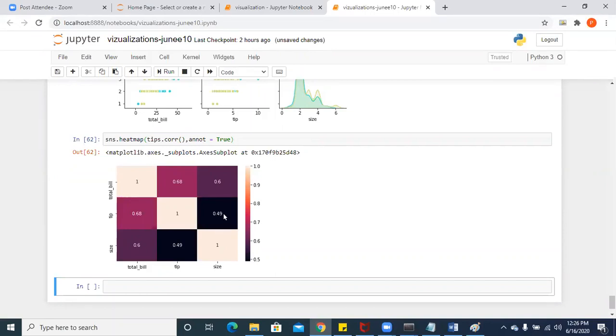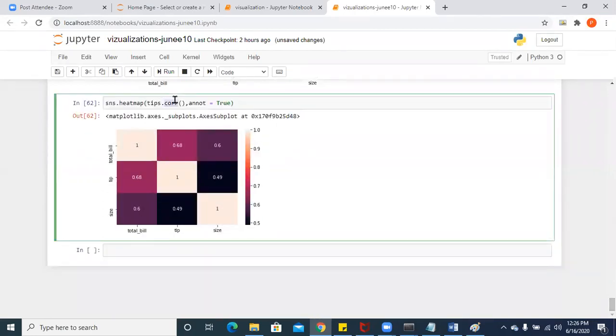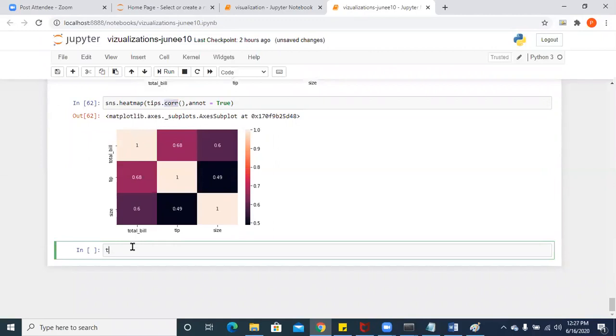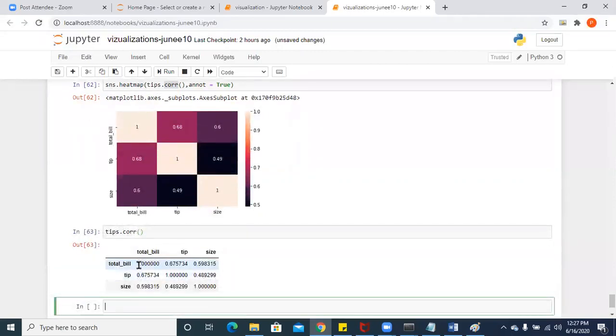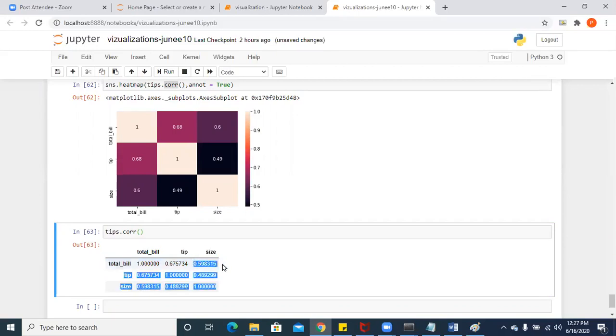0.6, 0.41, 0.49, 0.6, something else. So let's see what all this is. Actually, this correlation is from the Pandas library. The correlation between total bill and total bill is 100%. The correlation between total bill and tip is 67%. The correlation between total bill and size is 0.59.